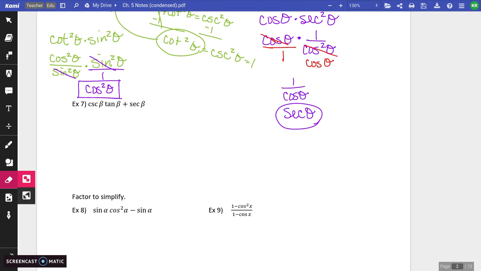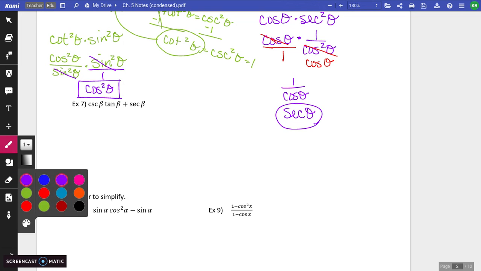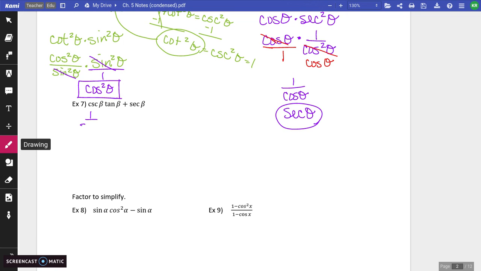All right, so cosecant is going to be 1 over sine, so 1 over sine beta. Tangent is sine beta over cosine beta. And secant is 1 over cosine beta. Okay, so multiplication comes before adding.